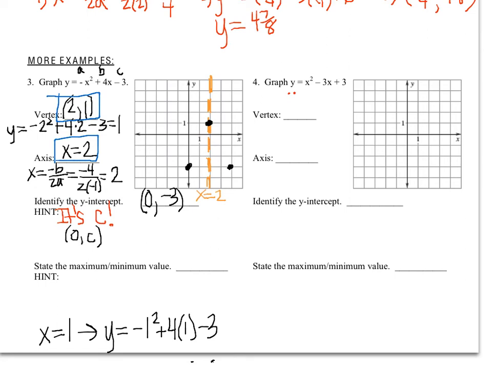When x equals 1, if you simplify that, you get 0. So I've got the point 1, 0, and that's also on my graph. So 1, 0 is right here, and if I reflect it, it's right here. So I'm going to draw my graph in.